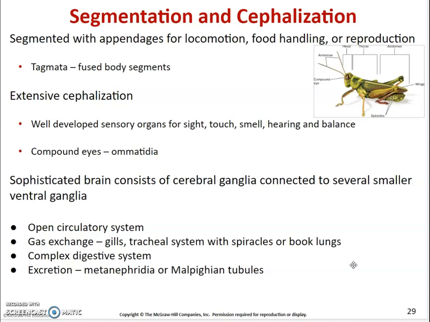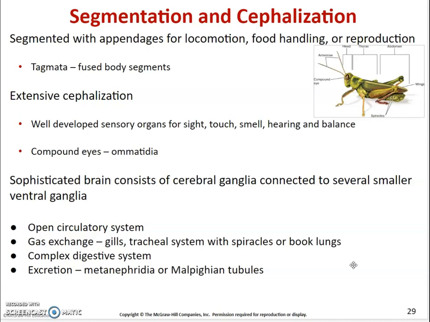In a lot of arthropods, they have compound eyes and a sophisticated brain, which has cerebral ganglia with several other smaller ventral ganglia. They have an open circulatory system, and they use gas exchange through gills and a tracheal system.